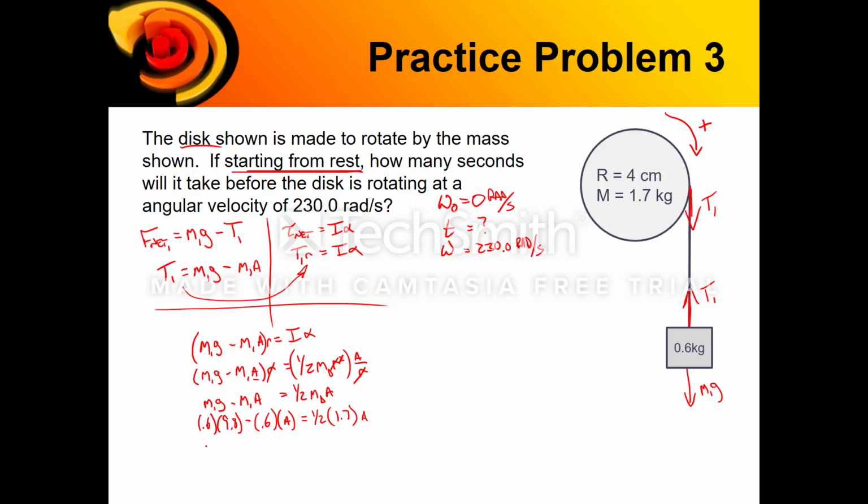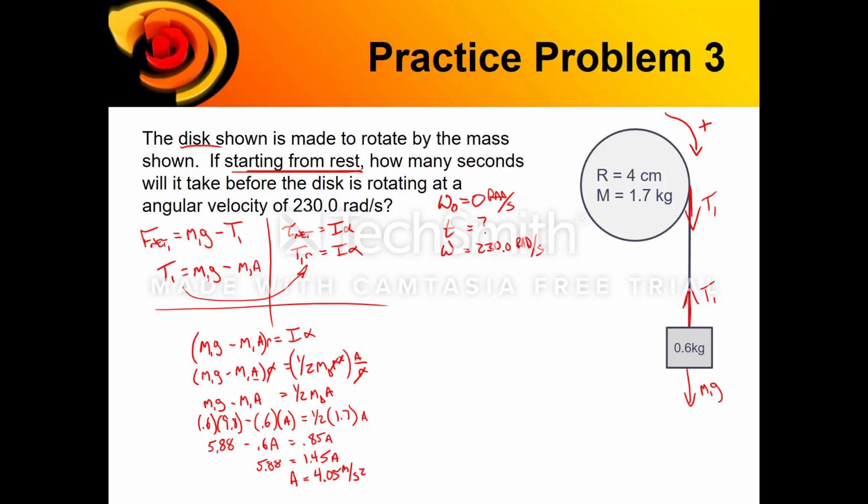That gives us 5.88 minus 0.6a is equal to 0.85a. Then we finish this up, bring the 0.6a over to the other side. I get 5.88 is equal to 1.45a, solve for a, and I get a equals 4.05 meters per second squared.